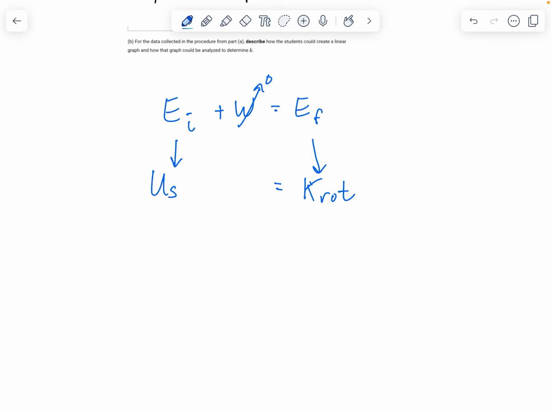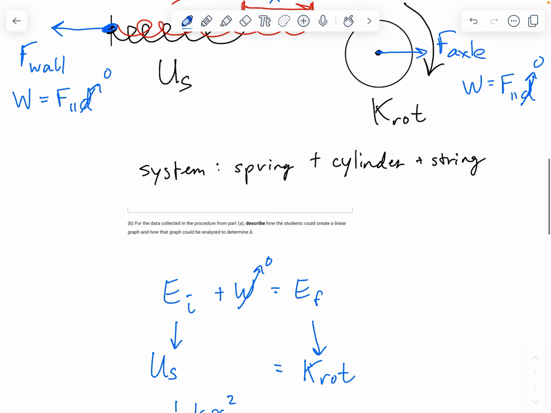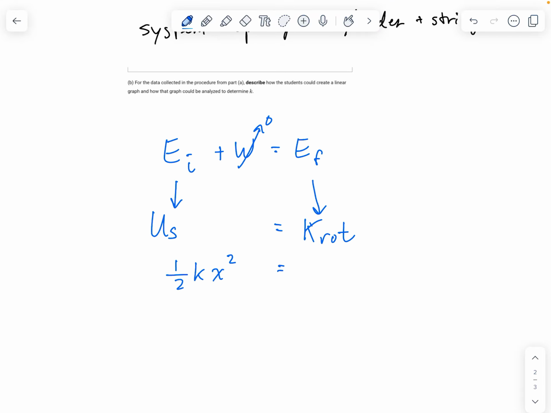So now let's replace US with 1/2 K x squared, where x represents the displacement of the spring. In this picture right here, this is x, the stretch from its natural length position. And then rotational kinetic energy, 1/2 I omega squared.